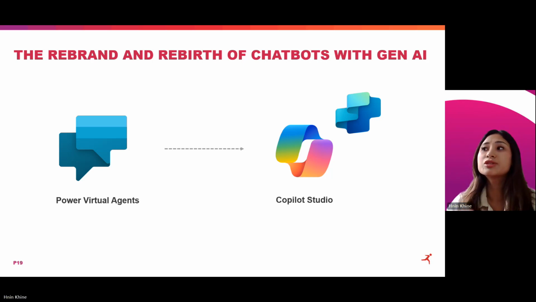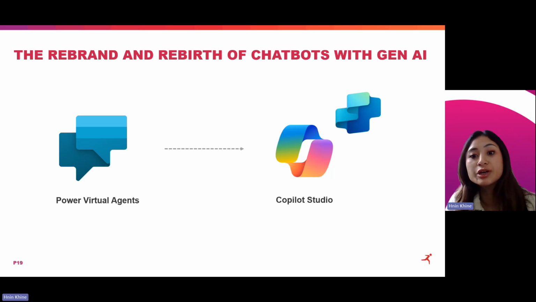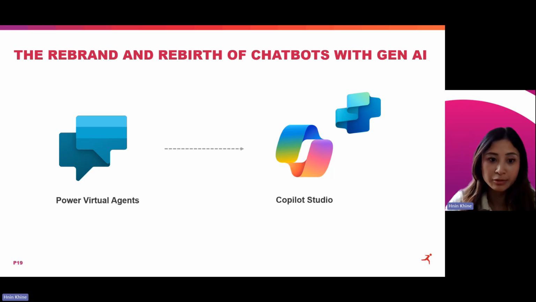It leaps forward from more rule-based interactions and manually authored topics to more dynamic conversations that can adapt to user input and also learn over time. So now with Copilot Studio, businesses can connect Copilot to their data, whether with pre-built or custom plugins, orchestrating workflows, and also managing AI companions, all within a central repository as well.